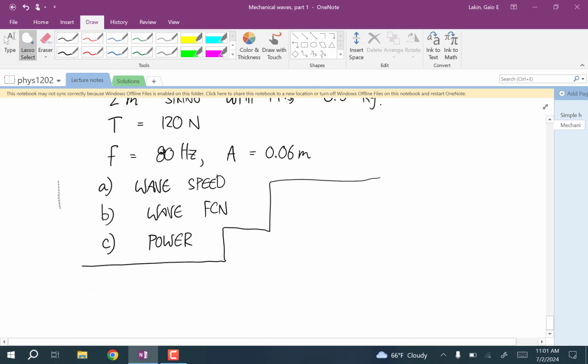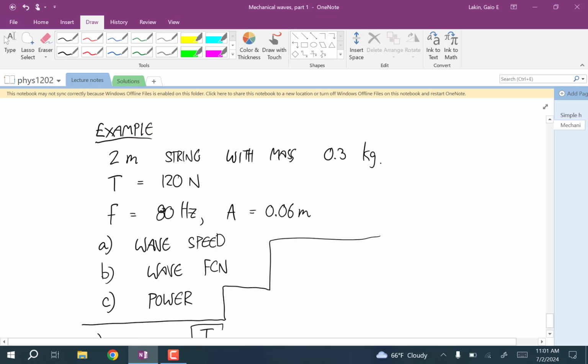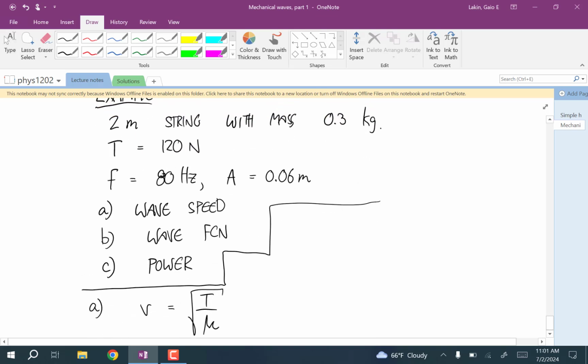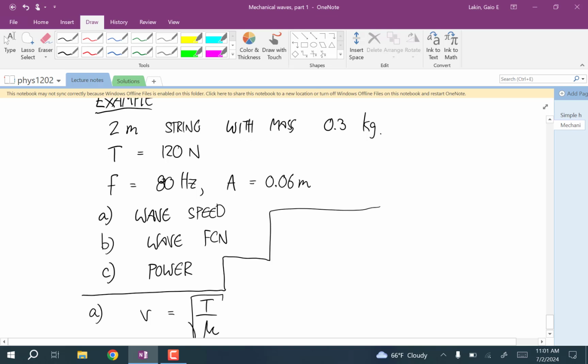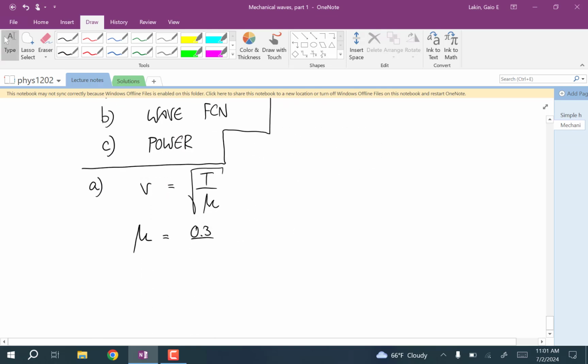Okay, so first, to come up with the wave speed, we know that the speed is equal to the square root of the tension divided by the mass per length. We're given the tension. We can come up with the mass per length. Okay, so the tension is 120 newtons. The mass per length is 0.3 kilograms divided by a length of 2 meters.